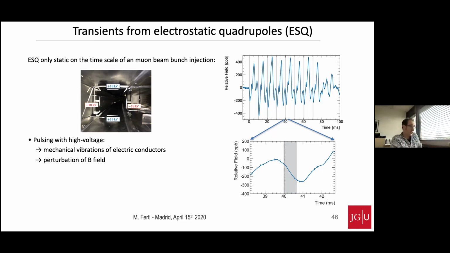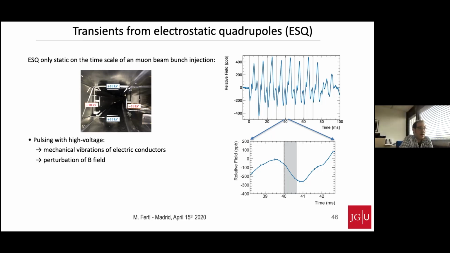But this pulsing caused mechanical vibration of the electric conductors, which in the end caused a perturbation of the magnetic field. This perturbation was as large as roughly plus minus 400 parts per billion, which is a huge effect compared to our error budget, right?